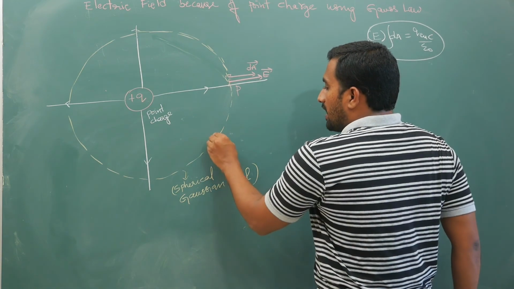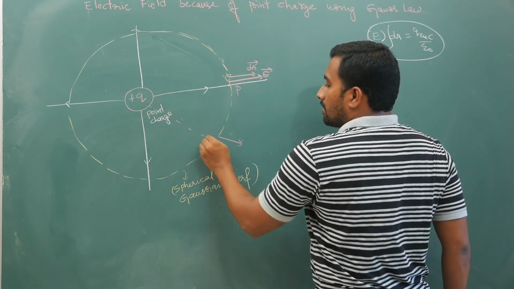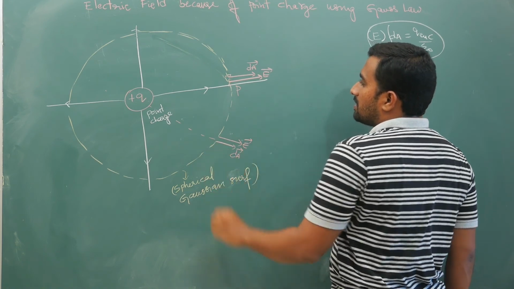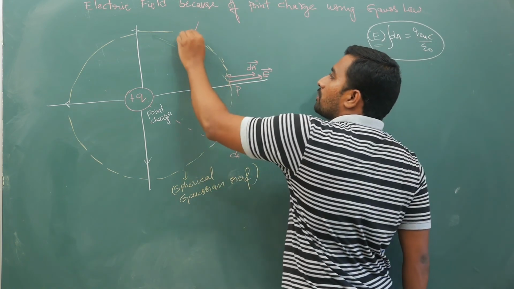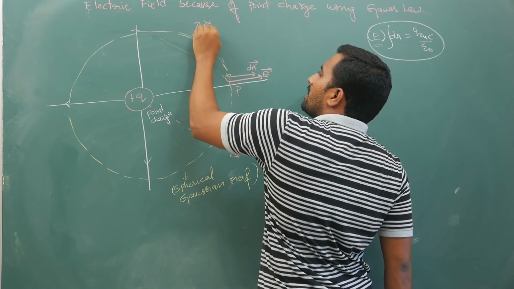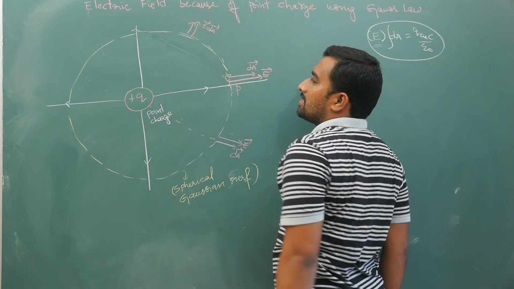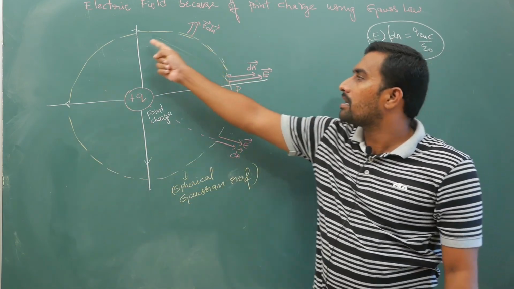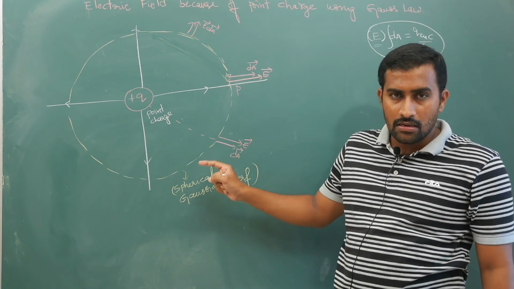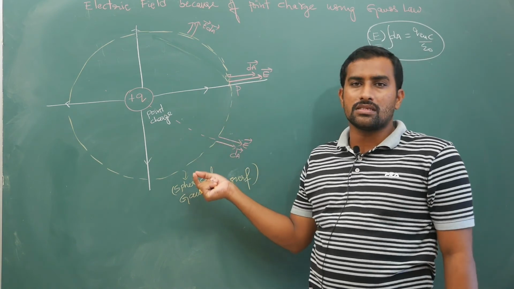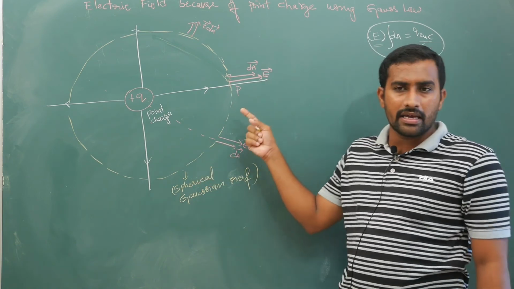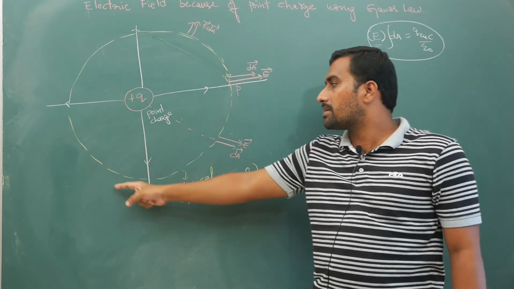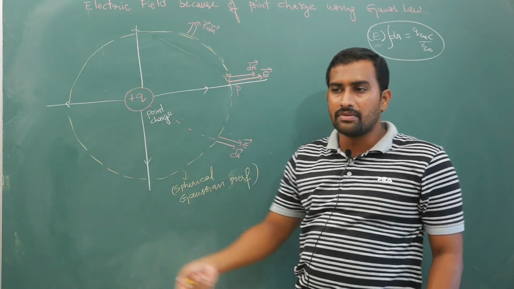Similarly, if you take your field here E bar will be this way, small area vector dA bar will be this way. At this point if you take, your E bar will be this way, dA bar is also in the same direction like this. So that means I have managed to take a spherical Gaussian surface here, and with this spherical Gaussian surface, I am getting a satisfied condition in which my electric field is constant because all these points are at the same distance, okay.